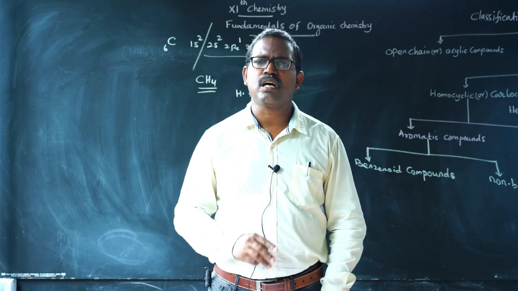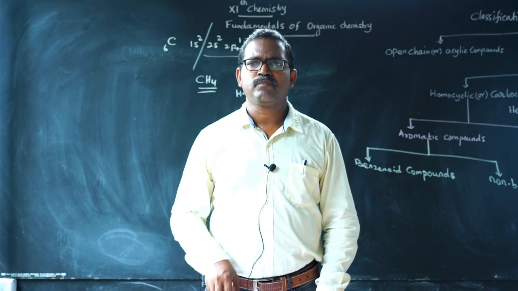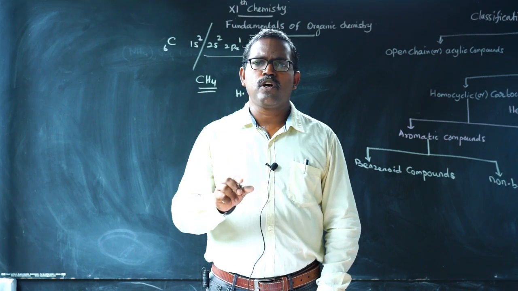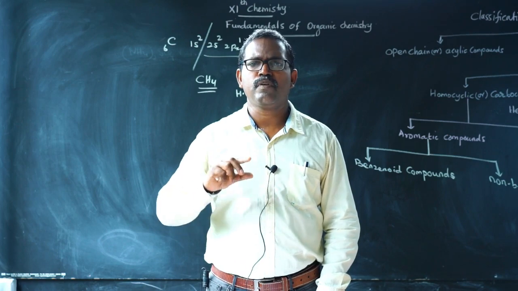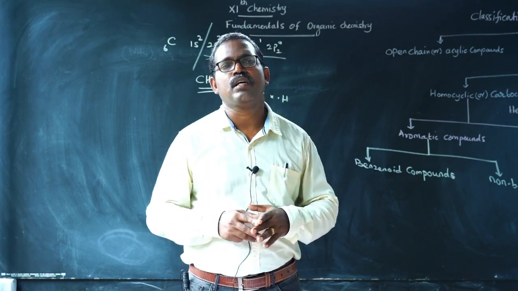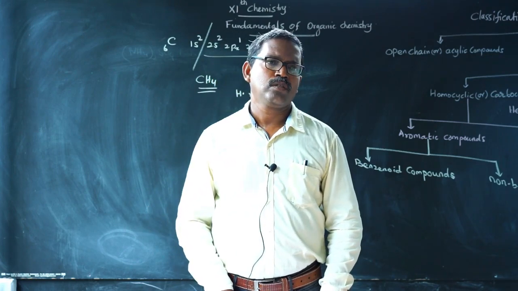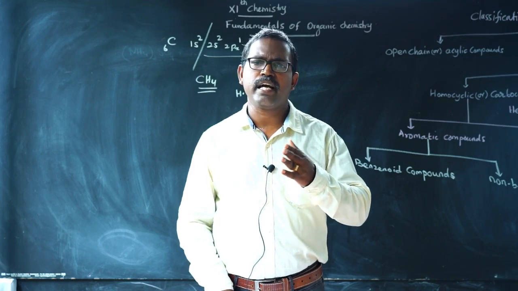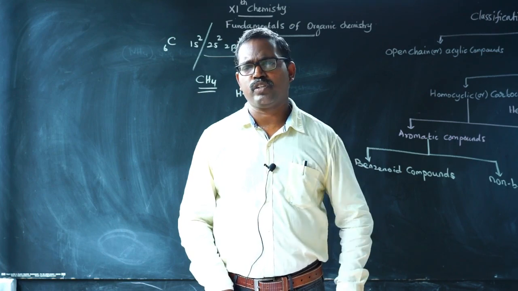Polymerization: the compounds easily undergo polymerization. Polymerization is when a large number of single monomers combine together to form a big giant molecule, which is called a polymer. The process is called polymerization. So, these are some characteristic properties of organic compounds, and they also contribute to homologous series.